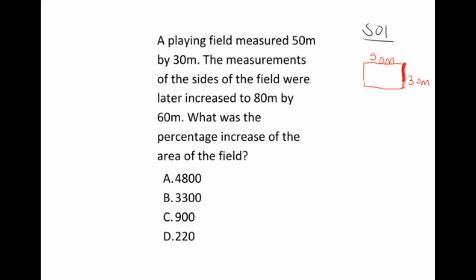So the length is 80 meters, and the width was increased to 60 meters. That is the increase. Then we are asked to give the percentage increase of the area of the field.